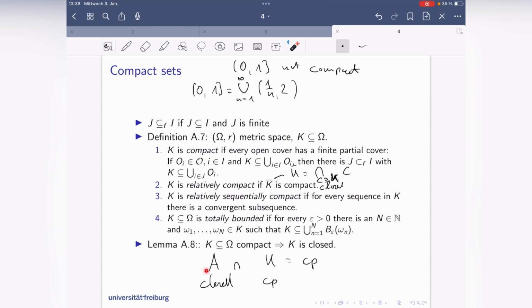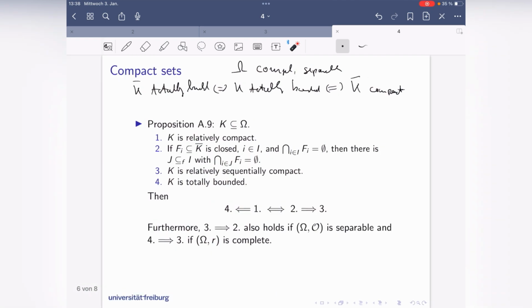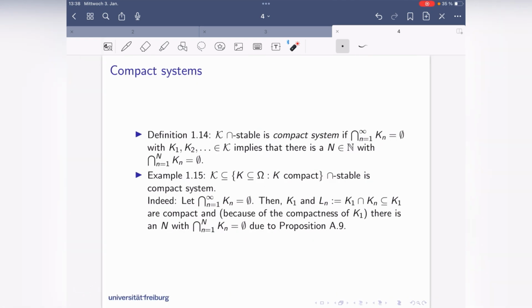So closed intersected with compact is compact. And therefore the intersection of compact sets, which are also closed by this here, is also compact. So the set system of compact sets is intersection stable.